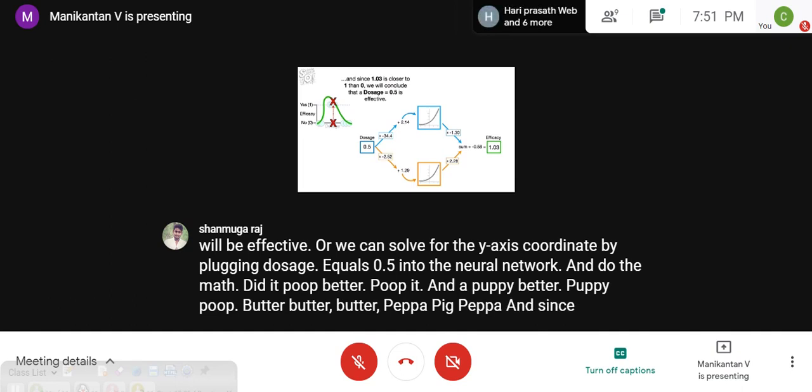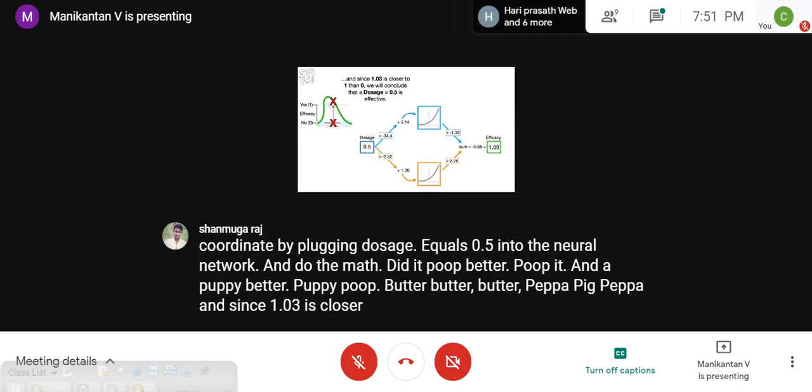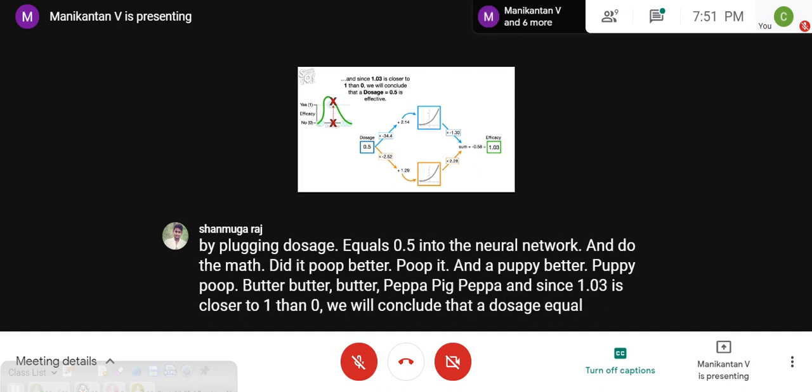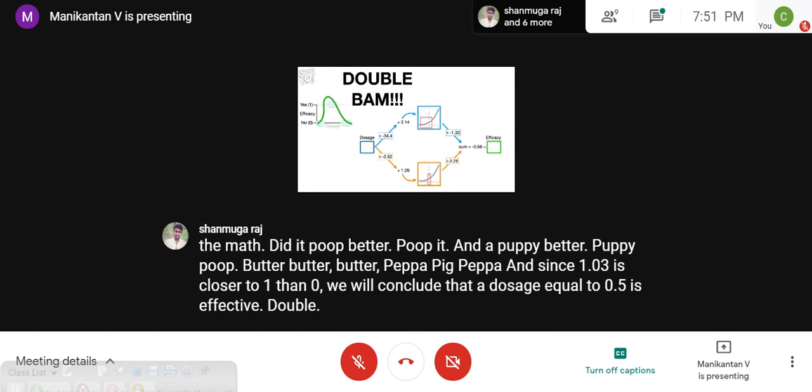And since 1.03 is closer to 1 than 0, we will conclude that a dosage equal to 0.5 is effective. Double down.